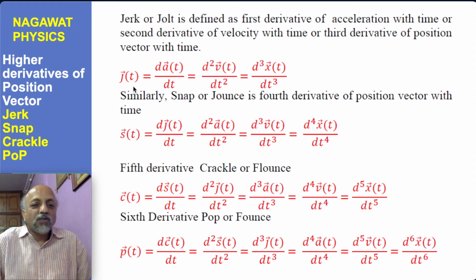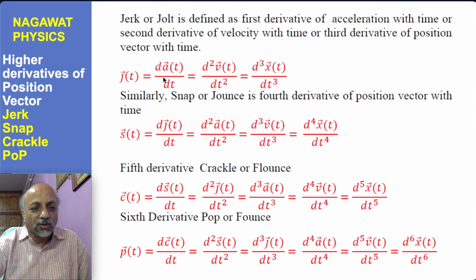Jerk or jolt will have the dimension of LT^-3, but it can be defined by this mathematical relationship. So if in a question jerk is asked, you can obtain the jerk by differentiating the position three times with respect to time, or differentiating the velocity twice, or differentiating acceleration with respect to time.